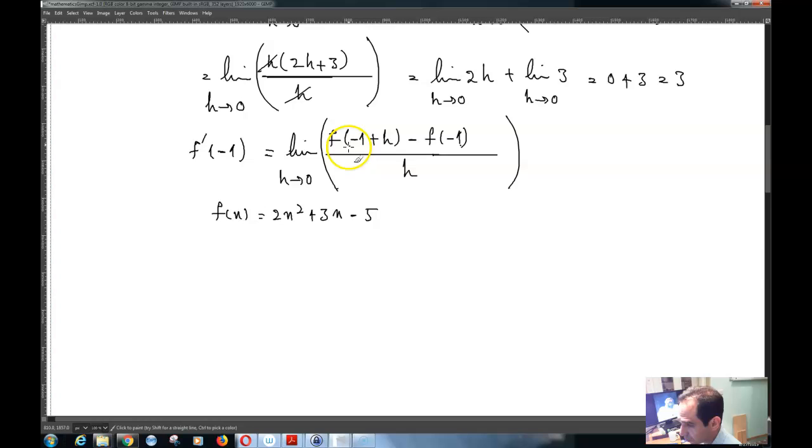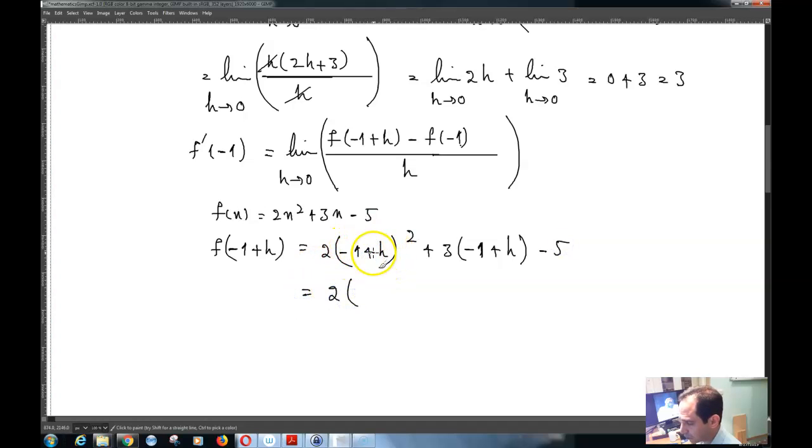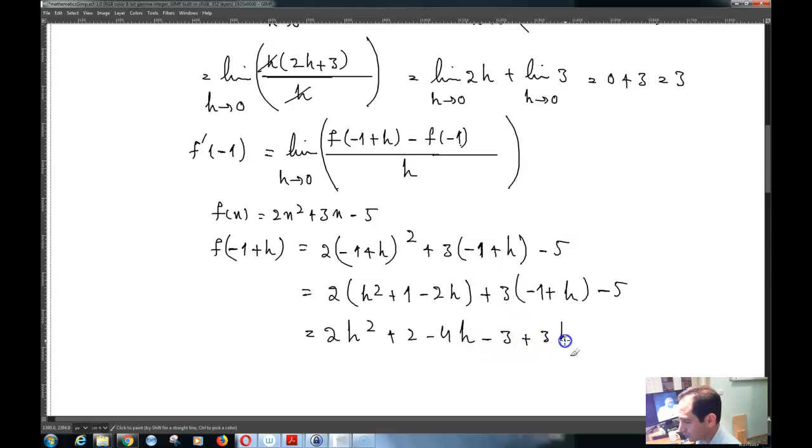So basically f of negative 1 plus h is equal to 2 times negative 1 plus h whole squared plus 3 times negative 1 plus h minus 5, which is equal to 2 times, well, h minus 1, so h squared plus 1 plus minus 2 times h, plus 3 times negative 1 plus h minus 5, which is equal to 2 times h squared plus 2 minus 4 times h minus 3 plus 3 times h minus 5, which is equal to 2 times h squared.